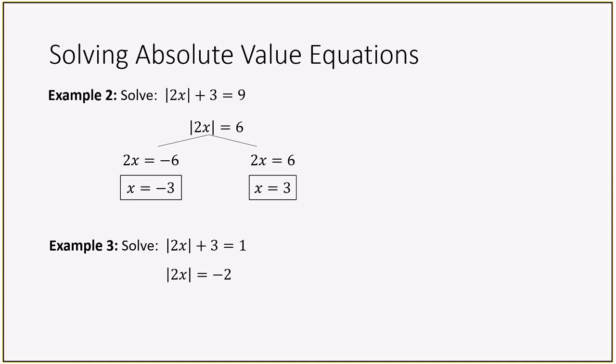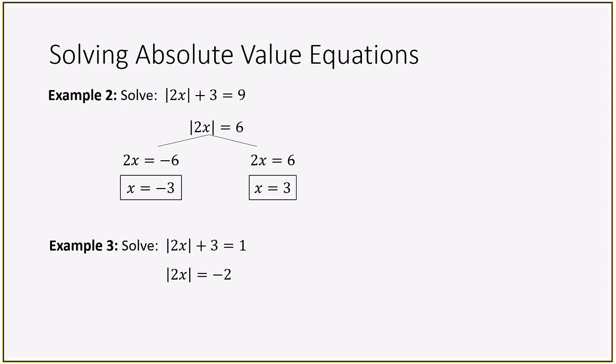Now, I'm not going to fall into the trap of following the process mindlessly and saying, okay, anytime I have the absolute value by itself, I just go ahead and flip sides and I don't really have to think about what I'm doing. If you see a negative on one side of the equation after you have the absolute value by itself, I want you to pause and think about what absolute value means.